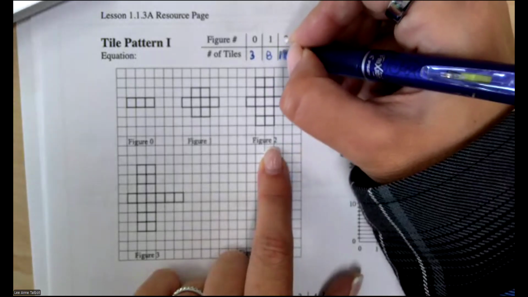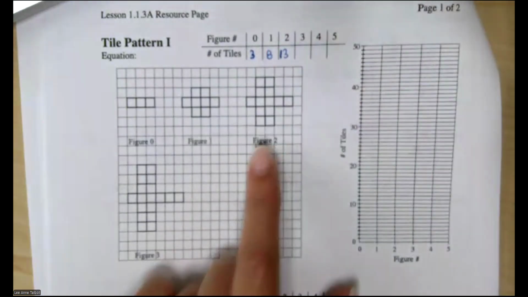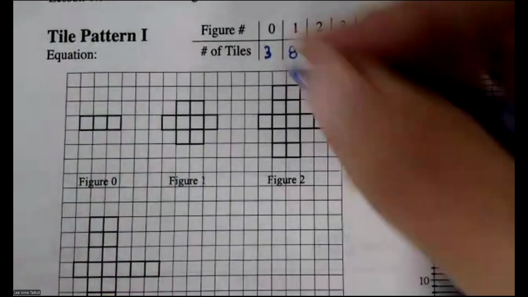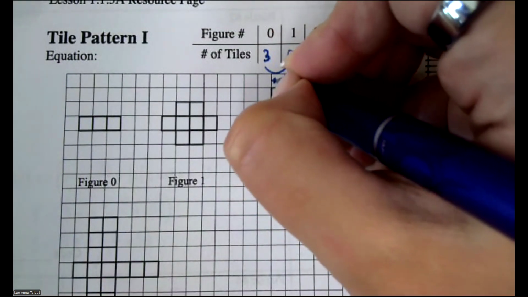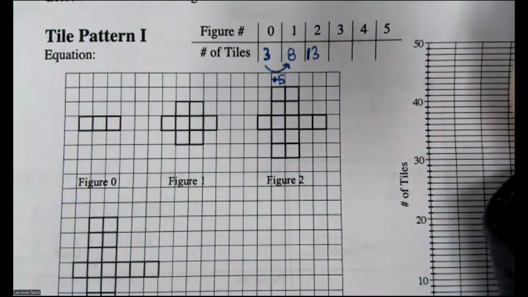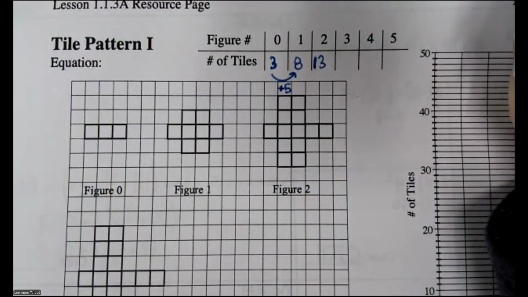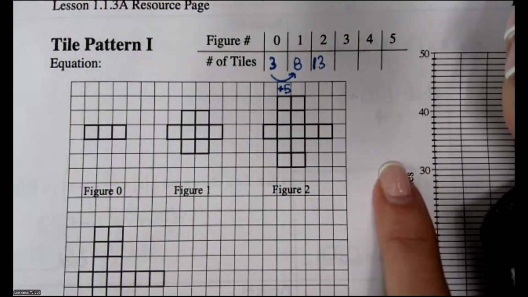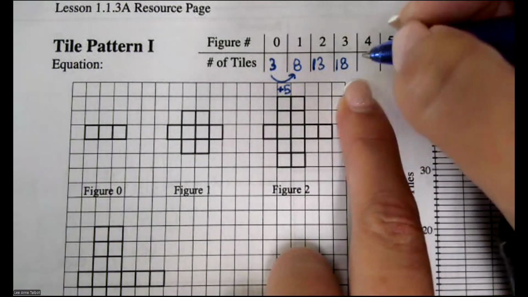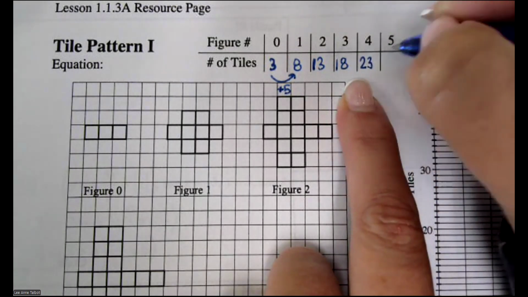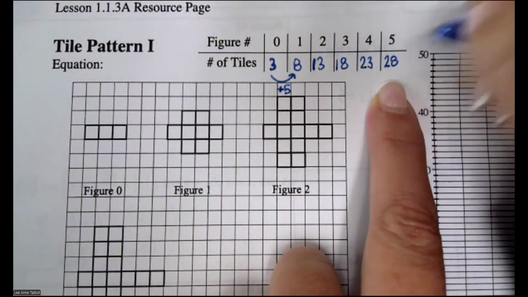Okay, so then I can see the pattern, right? You guys see the pattern? Okay, I'm gonna put a little arrow here and write +5. So 13 plus 5 is 18, plus 5 is 23, plus 5 is 28.